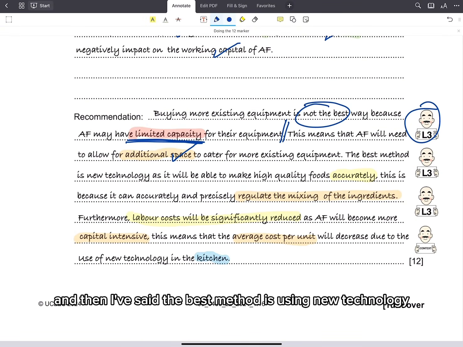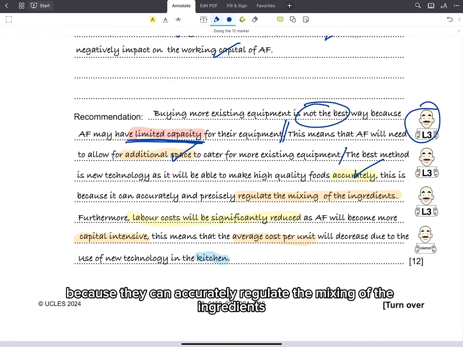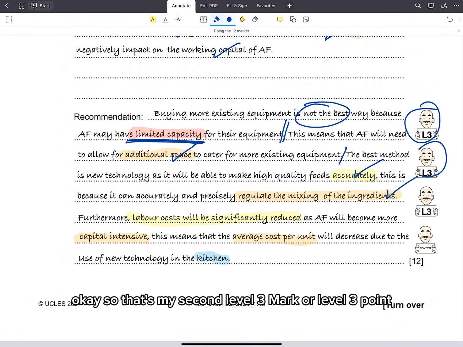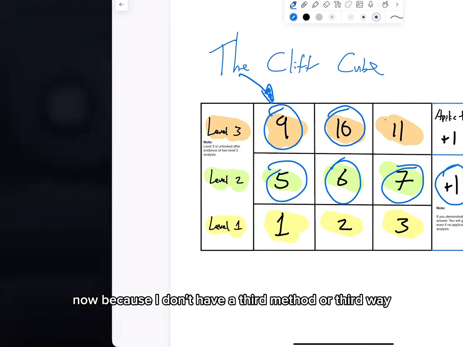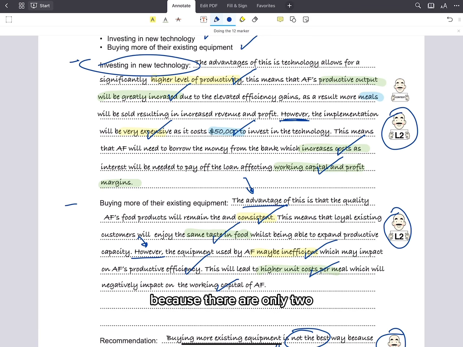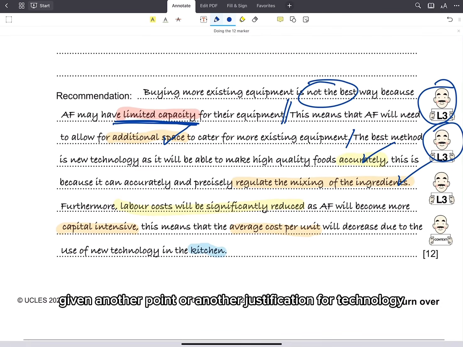And then I've said the best method is using new technology, as this will be able to make high quality foods accurately, because they can accurately regulate the mixing of the ingredients. Okay, so that's my second level 3 point. Now, because I don't have a third method, because there are only 2, I've made a further analysis, or I've given another justification for technology.